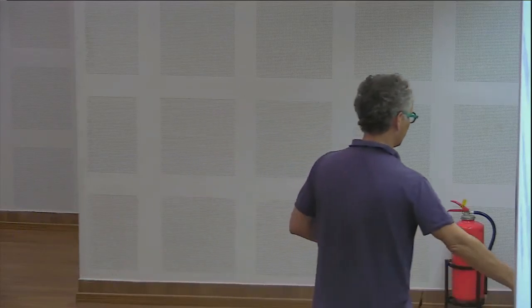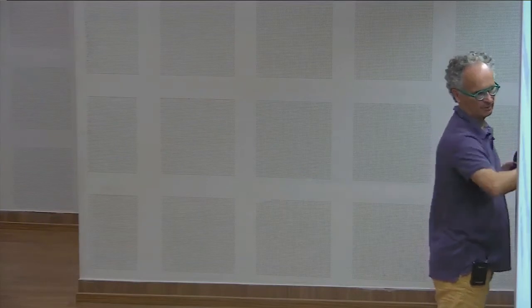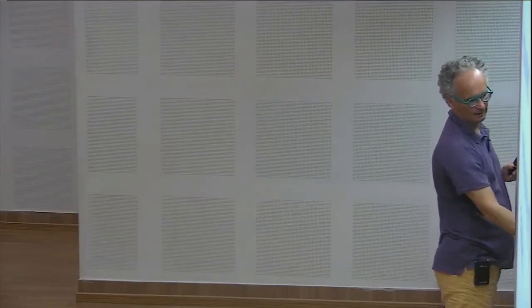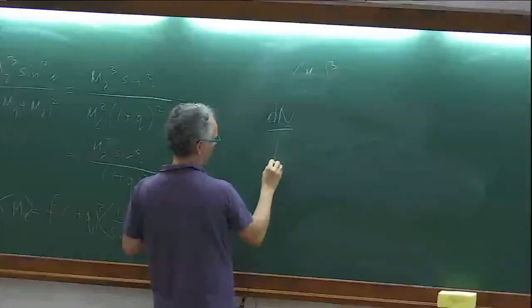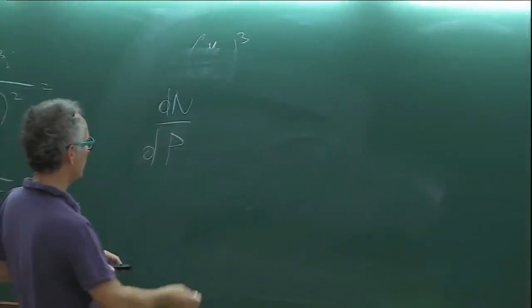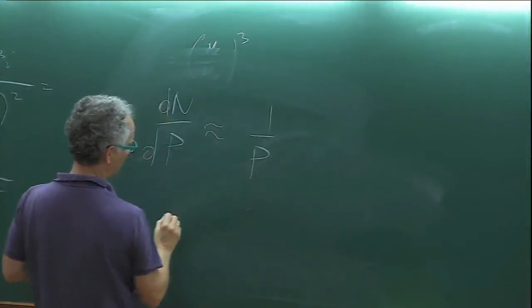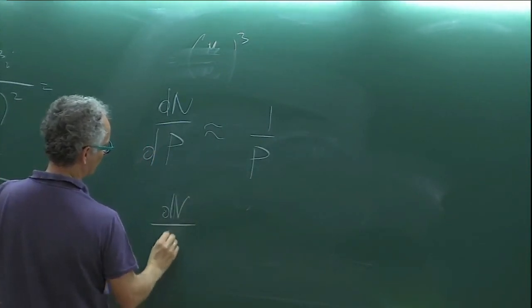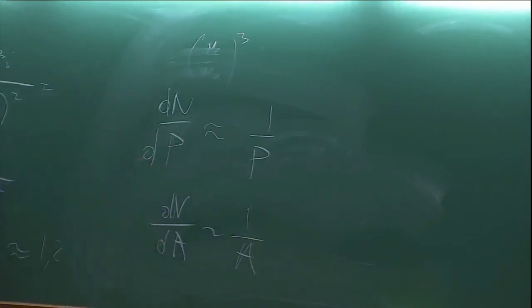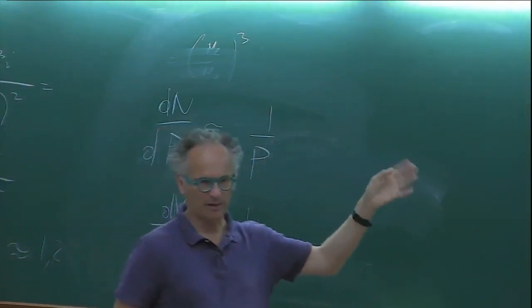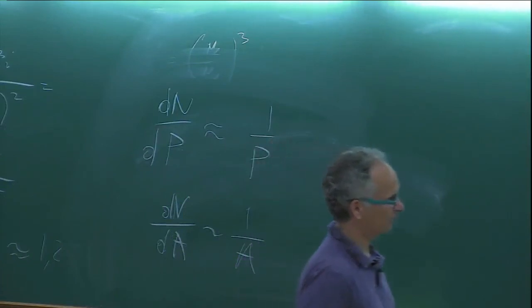But in the region between a few hours or a few days and 100 years, the distribution of initial periods or orbital separations is proportional to 1 over P, or in other words, dN over dA is roughly 1 over A, which means that they are equally spaced per logarithmic interval of period or orbital size.